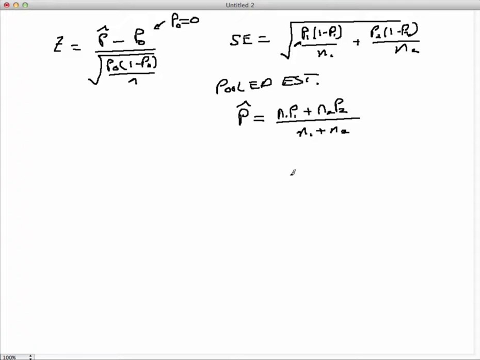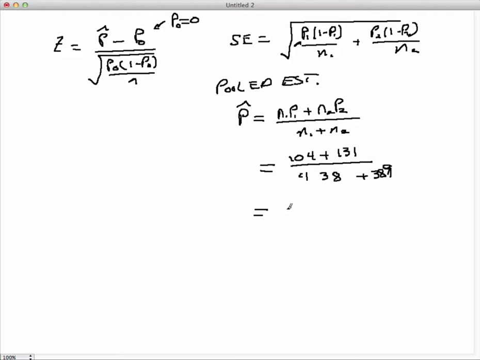Well, that's actually more complicated than it really needs to be, because it's very straightforward. All I've got to do is, in our case, the 104 plus the 131, divided by the two sample sizes, which were 438 plus 389, excuse me. So what do we get for that?